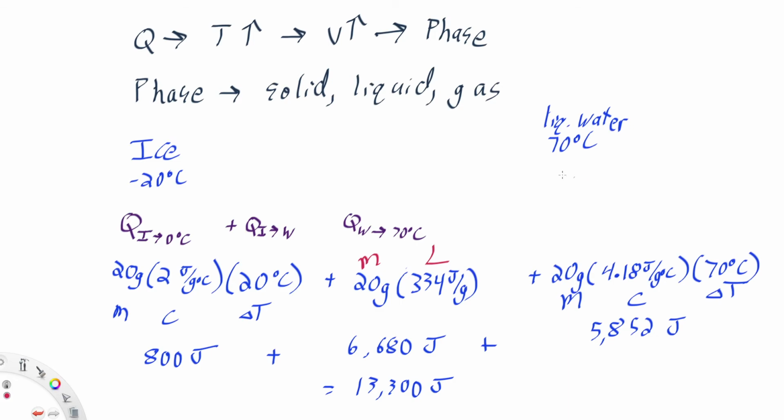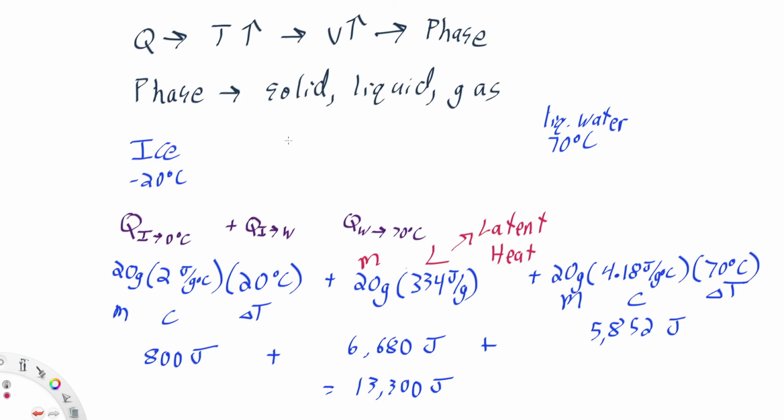So for each Q, we've done MC delta T, but the middle one does not have a delta T? Right, because we're not actually changing the temperature. We're changing the phase. On the left and the right, we are changing the temperature of the ice and the liquid water respectively, but in the middle term, we're just changing it from ice to water without changing the temperature. And what's the L here? The L is the latent heat. Okay, thank you.